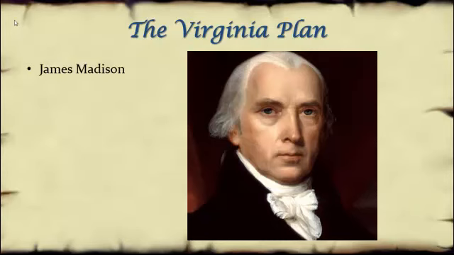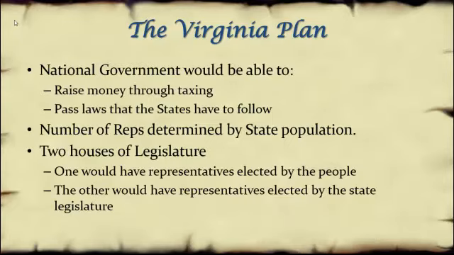You may remember him as the guy who was president during the War of 1812. James Madison comes up with a plan that's going to give the national government the power to raise money through taxing and also pass laws that all of the states are required to follow. So that solves basically the big problems with what the national government needs to be able to do.